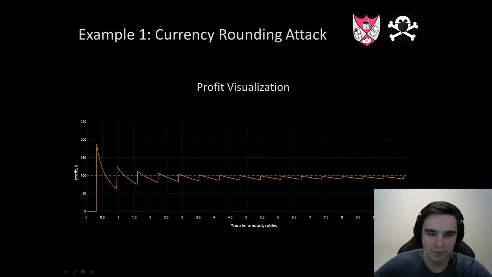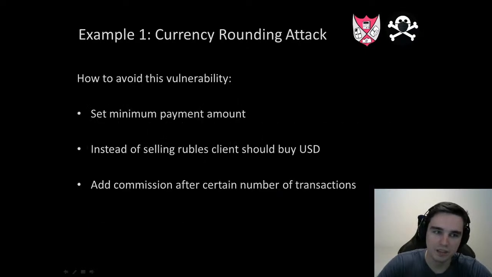From this, you can see the first way to avoid this vulnerability: set a limit on transactions. For example, if we set the limit of transaction at 6 rubles, it will be unprofitable for anyone who tries to exploit this vulnerability. There are also two other ways. The second one is that we shouldn't allow clients to convert money from rubles to USD.